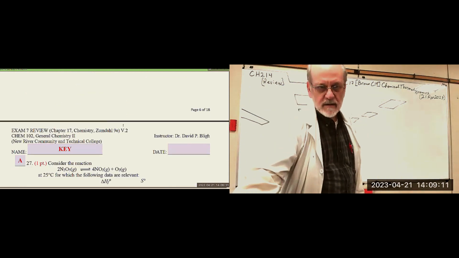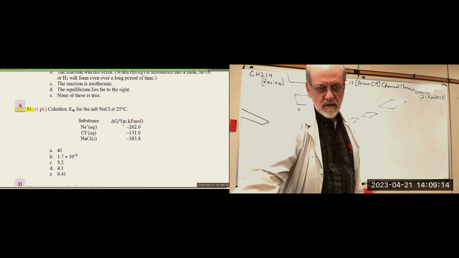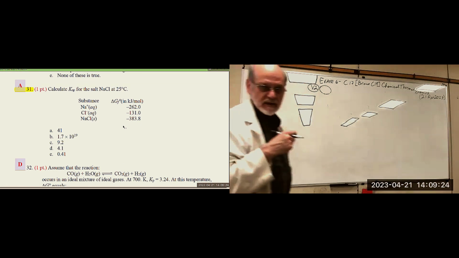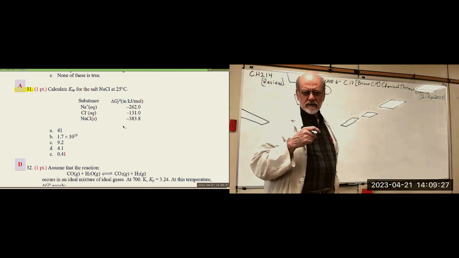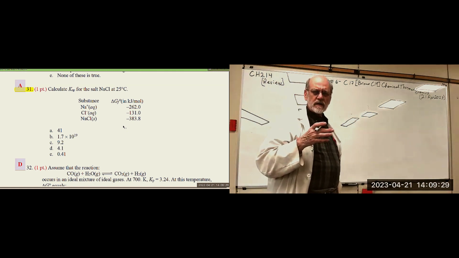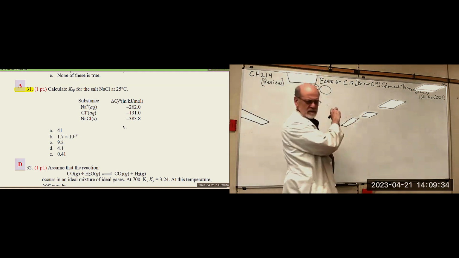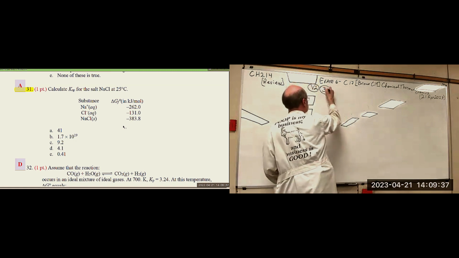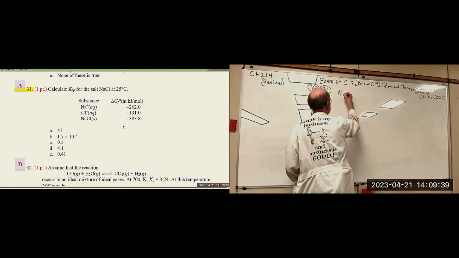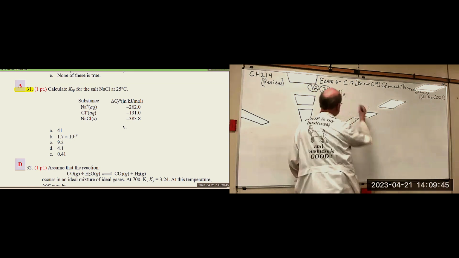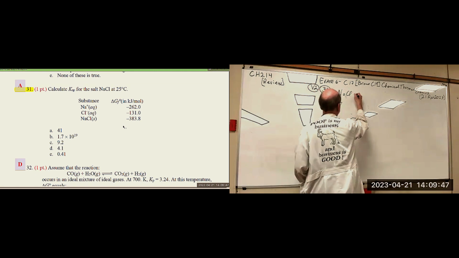Let's see here. 31. We got sodium chloride. Oh, they're looking for the KSP for sodium chloride, the solubility product of sodium chloride.